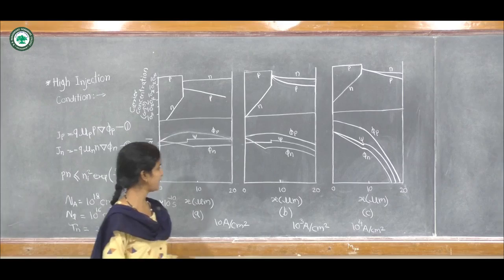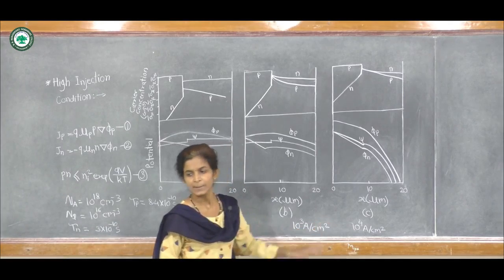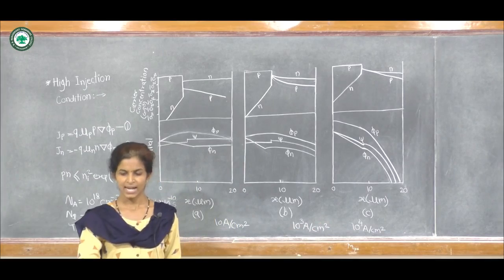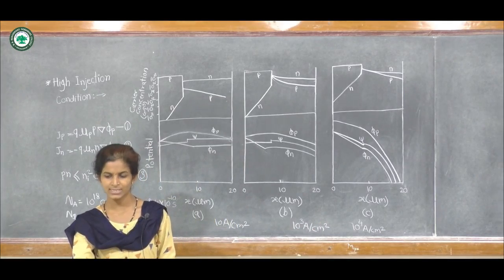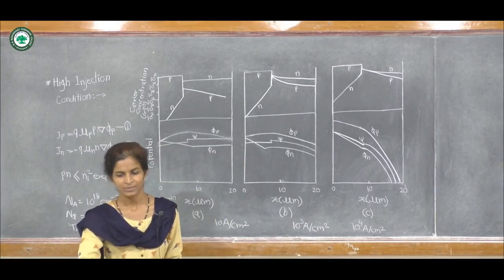From figure B and figure C, the carrier densities at the N side of the junction are comparable.